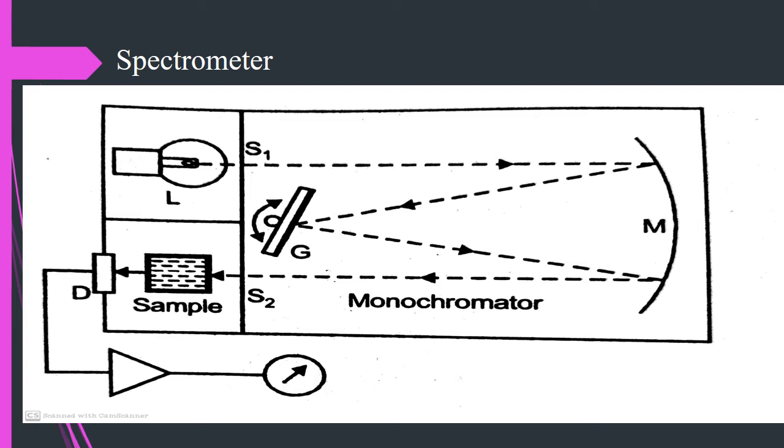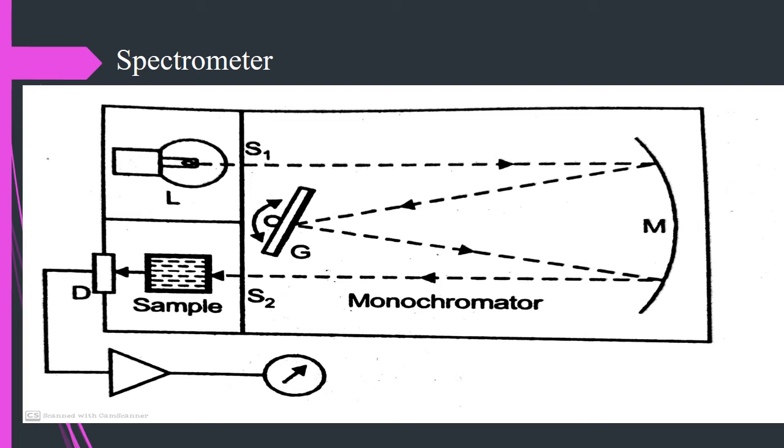The next one is going to be the spectrometer. Here, the light from the same halogen lamp is passed through an entrance slit, which is S1, and incident on a concave reflector, which focuses the light on a diffraction grating G, which is like a prism to disperse light. The particular wavelength from the dispersed light is obtained by taking it in the given direction and then it is allowed to be incident on the reflector. From the reflector, the light beam is directed to the sample through a narrow exit slit, which is S2.